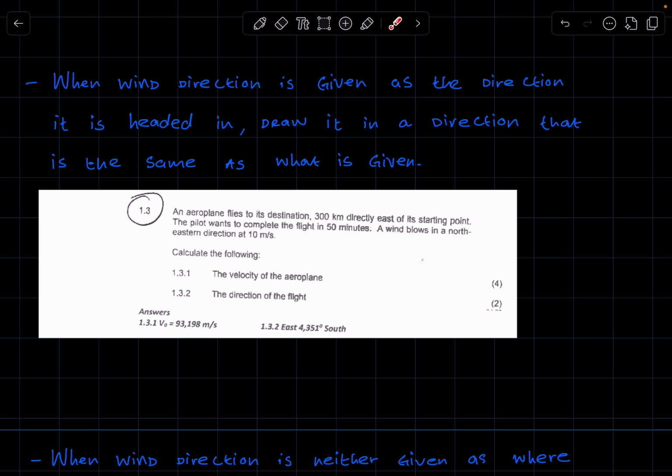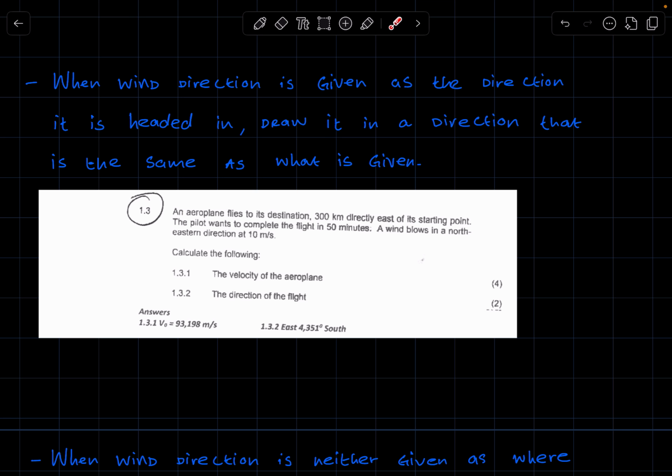Now remember, we're looking at the wind from the perspective of its direction. They said here, a wind blows in a northeastern direction, so they've given us the direction of the wind from the perspective of where it is headed. So the wind is headed in a northeastern direction.